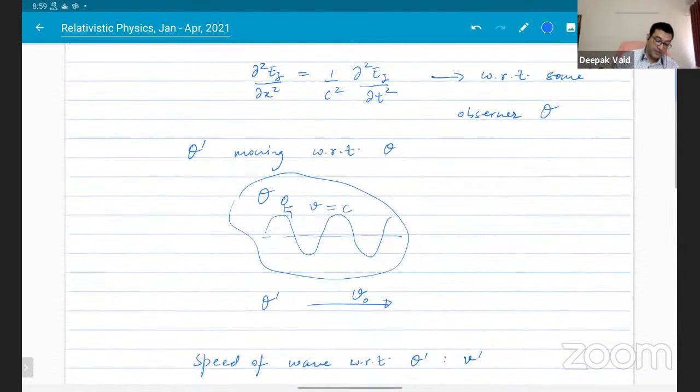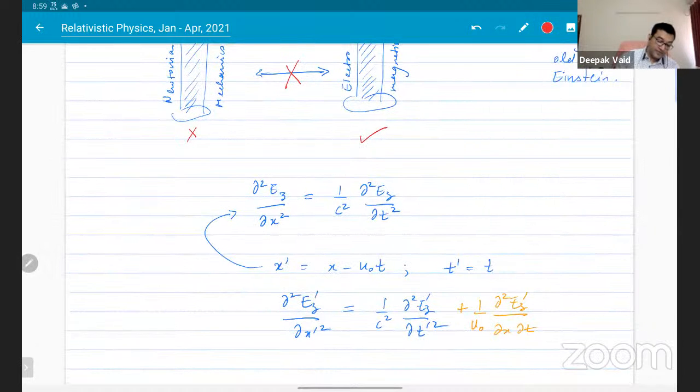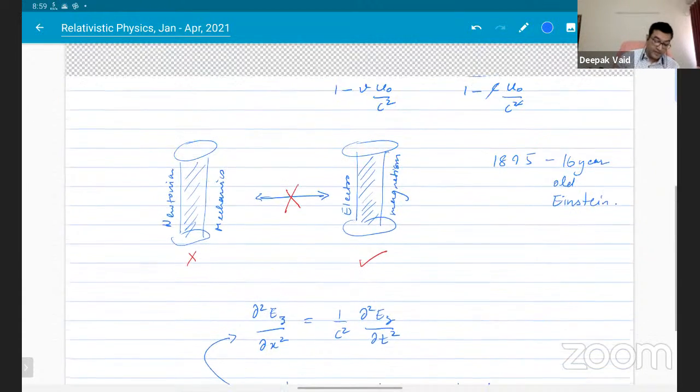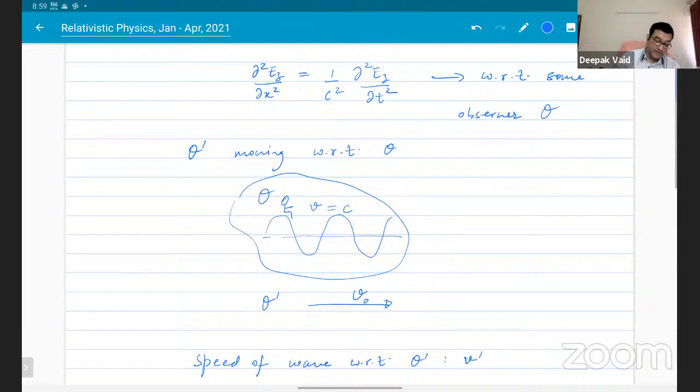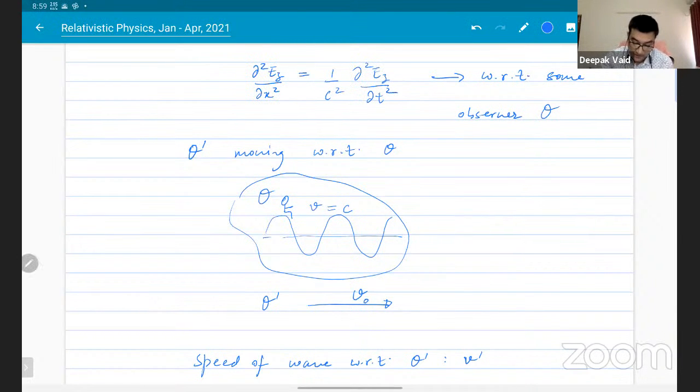So this is what led Einstein to reject this transformation equation, right? And to look at the Lorentz transformation. And when you do the Lorentz transformation, what you find is that this equation becomes invariant under the Lorentz transformation. It remains exactly the same. Right?